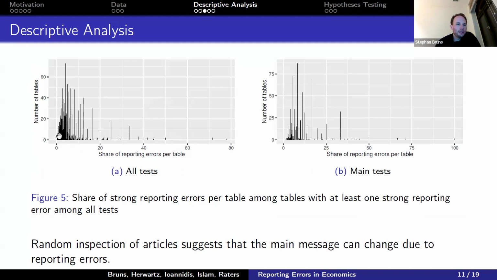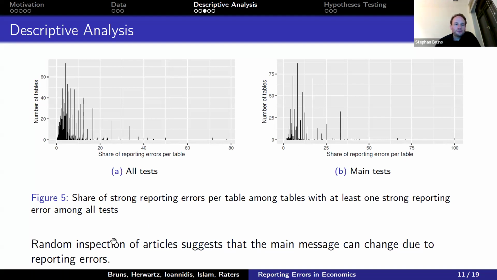And we can see that the share is very small in many cases, but we do find also articles in which the share is actually quite high. And when we focus on the main test, we find a similar pattern. So there are also articles where reporting errors actually make quite a share of the regression table.